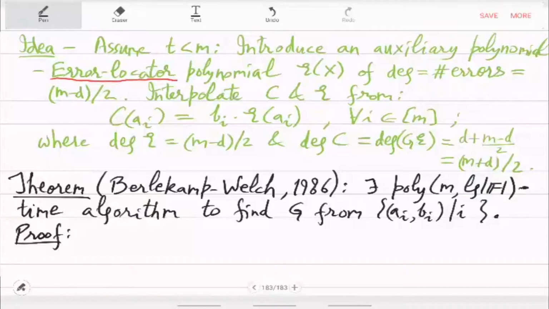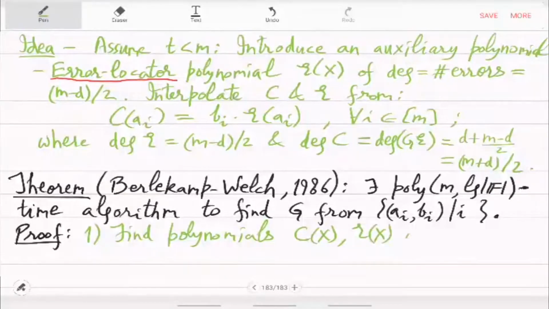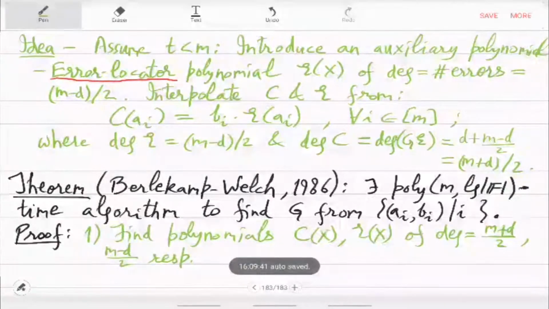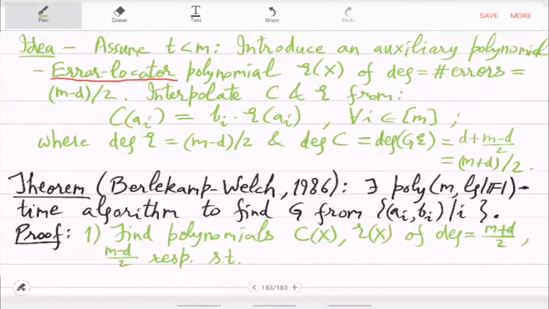So the algorithm is as follows. So first step is find polynomials C(X), E(X) of degrees (M plus D) by 2, (M minus D) by 2 respectively, such that for all i, C(A_i) is equal to B_i times E(A_i).